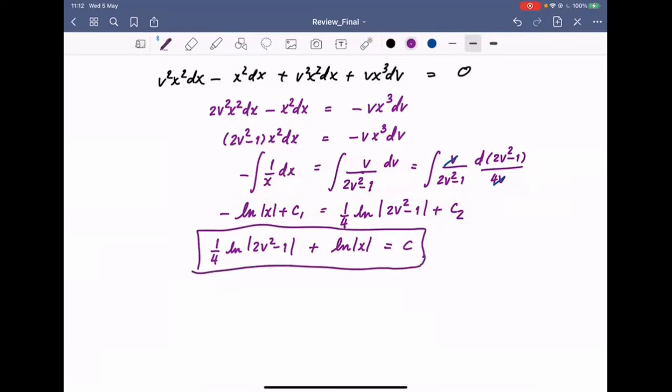Well, this is my general solution. Okay, now we're gonna simplify until we get the form from question one, the form you get: x squared times 2y squared minus x squared equal to c. So you're gonna use the logarithm property. Do you know how to do that? Logarithm property. So first, let's see what we should do here.